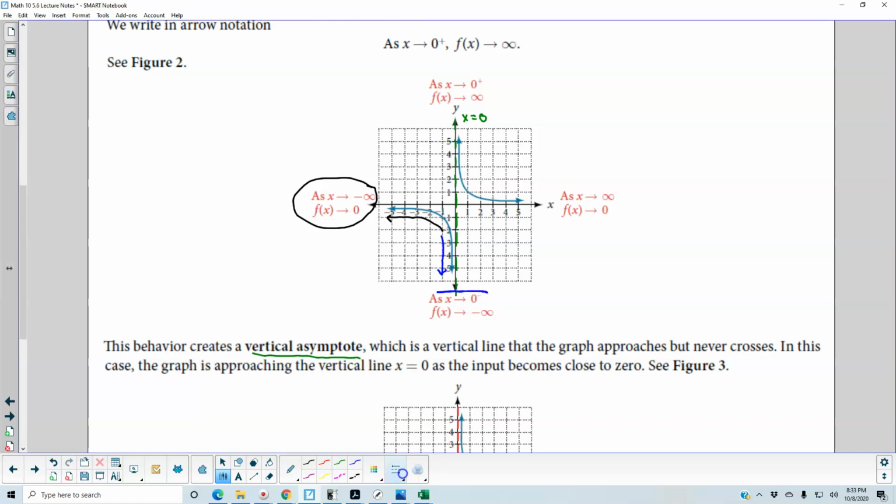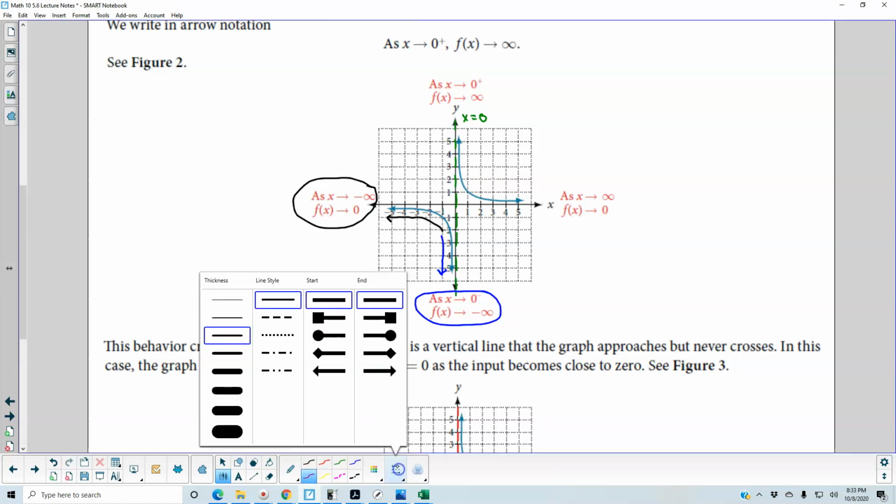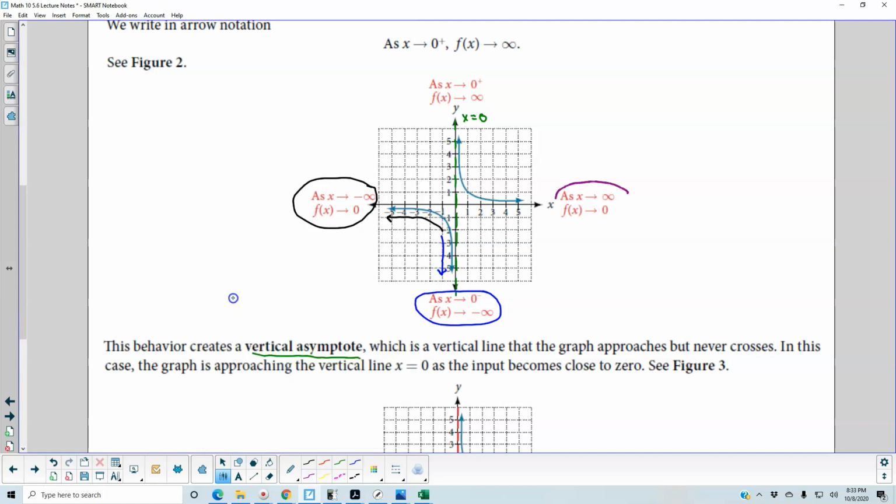This tells us that as x is approaching 0 from the left, so it's coming from the left side, the function is approaching negative infinity. Let's take a look at this one on this side. The function is going in this direction. So as it's going in that direction, x is approaching positive infinity, and the function is getting close to 0, but never touching it.